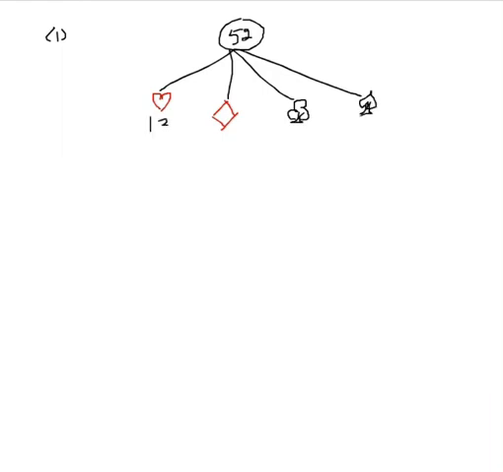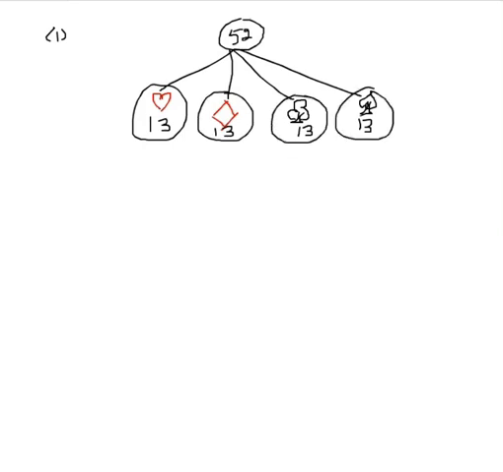And in each suit we have 13 cards. All 4 are of the same suit, so we can select all 4 hearts or all 4 diamonds or all 4 clubs or all 4 spades.